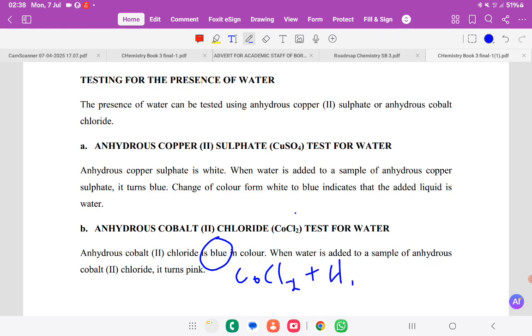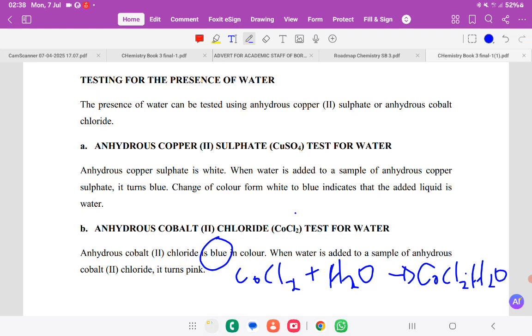Upon adding water, you form cobalt chloride with water attached to it, CoCl2 with a water molecule, H2O.